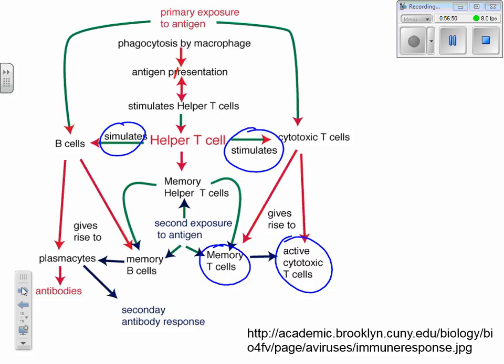And if you get a second exposure to the antigen, then we get memory helper cells that will produce memory cells. And so this is a very rapid little response down at the bottom here, with the second exposure.